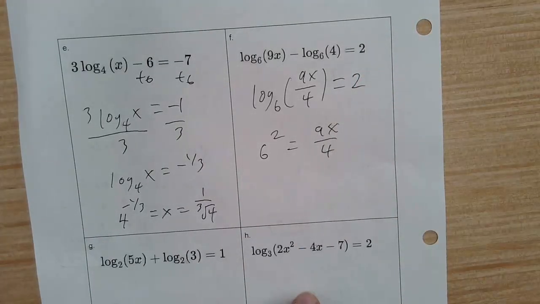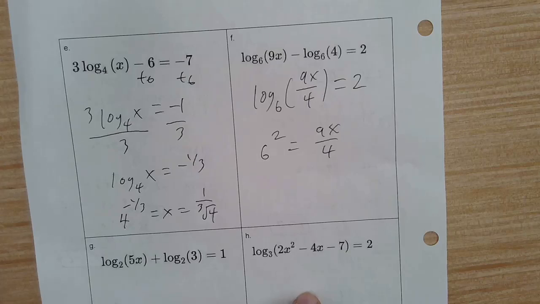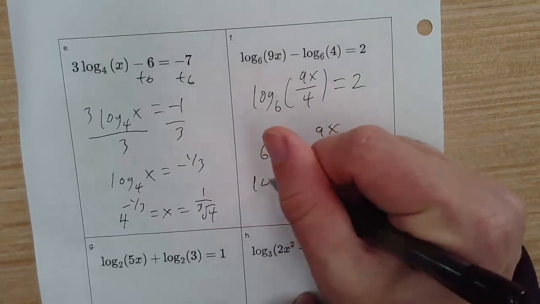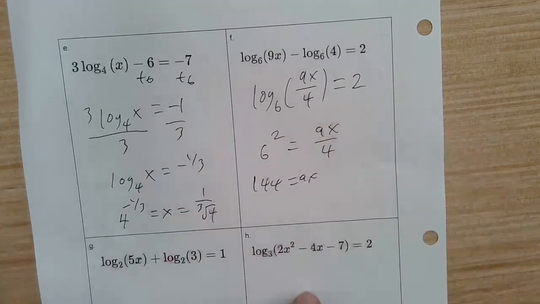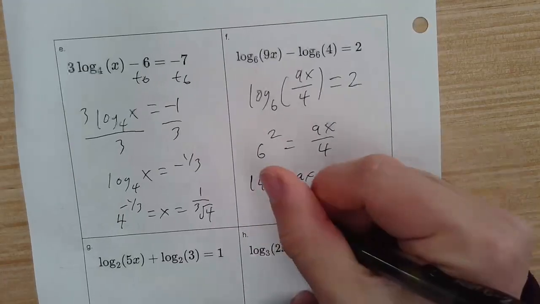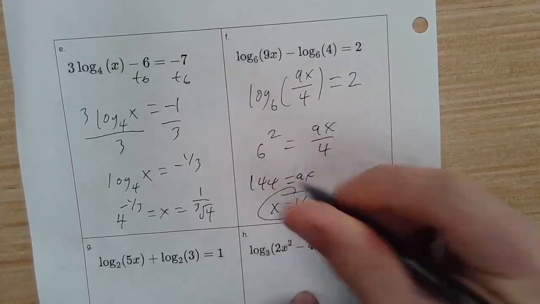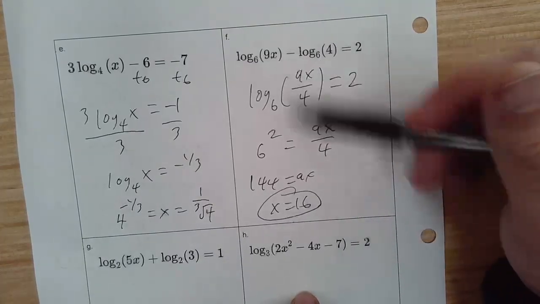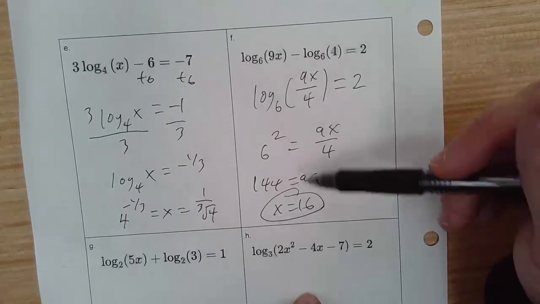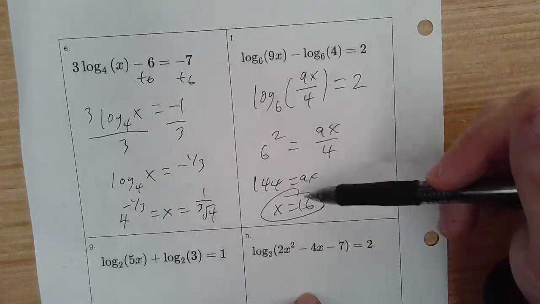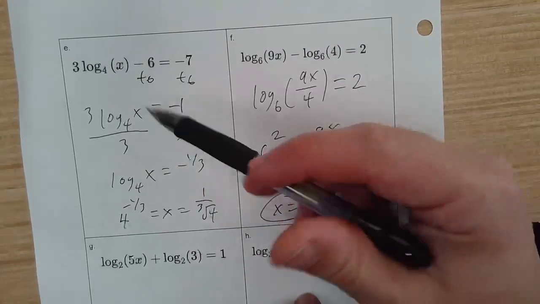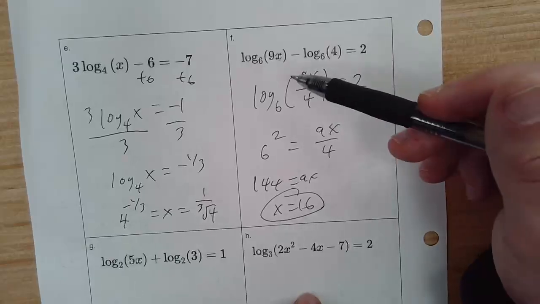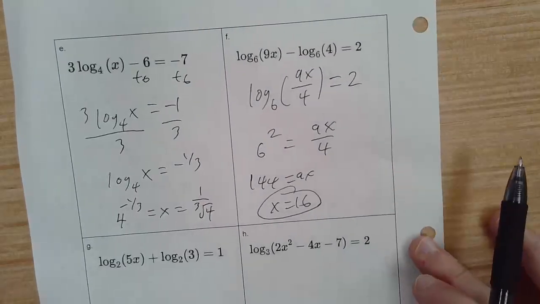So that's 36 times 4, so 144 equals 9x. So x equals 16. With the logs, remember that you do need to make sure that you don't have a domain problem. So we take a look here, 16 is good, and this is going to be good too, right? We have positive numbers going in for our input of the log.